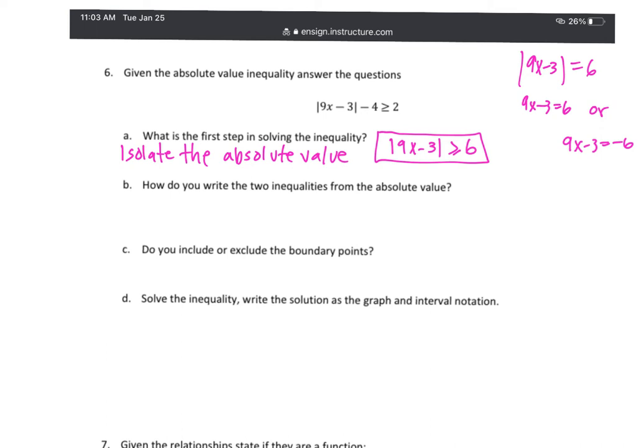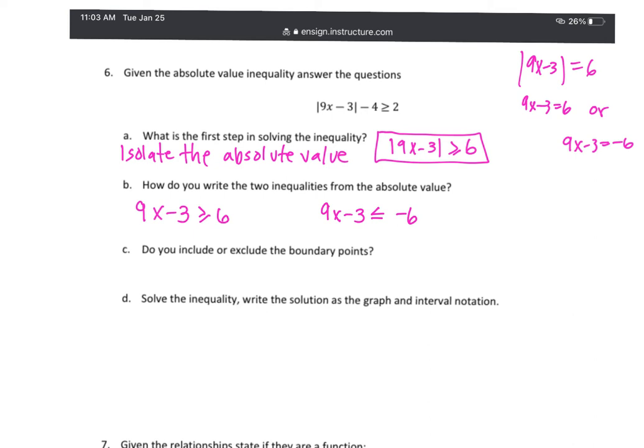But to write the two inequalities with absolute values, we keep that same idea: 9x minus 3 is going to be greater than or equal to positive 6, and then 9x minus 3, instead of greater than or equal to negative 6, because we are multiplying that 6 by a negative 1, we're going to have to flip the inequality sign.